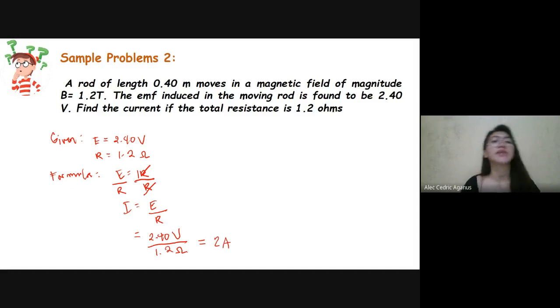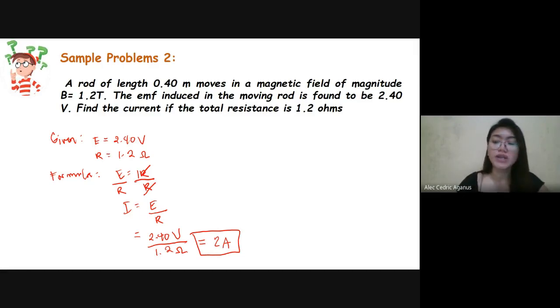So the value of current, having a resistance of 1.2 ohms and an electromotive force of 2.40 volts, is equal to 2 amperes.